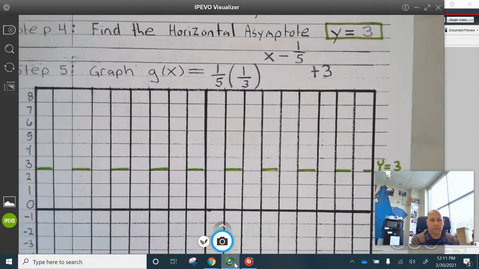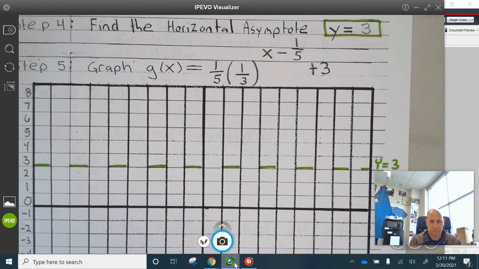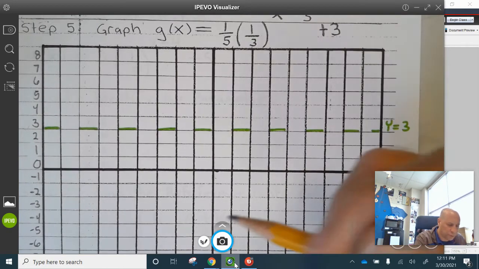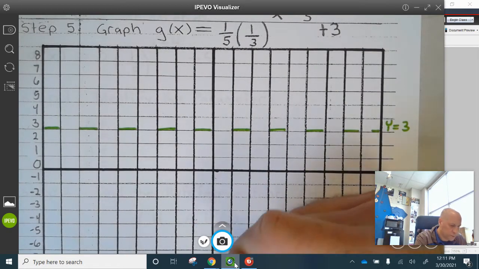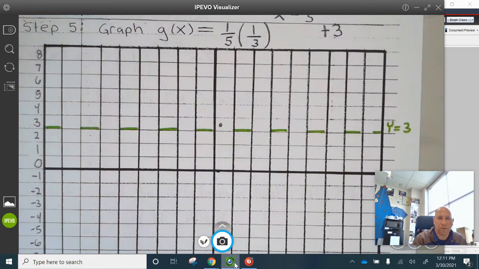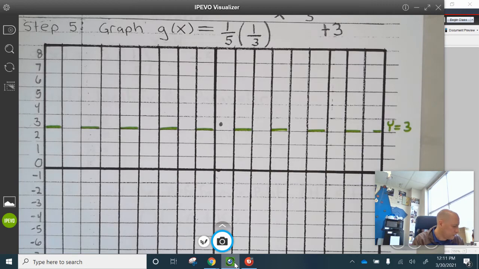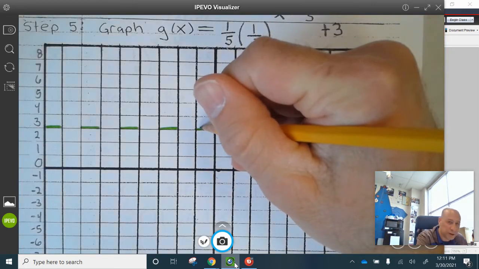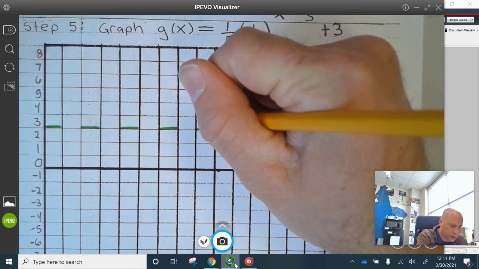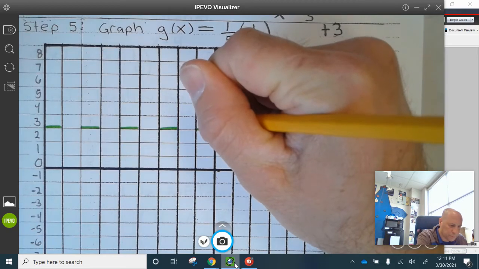Let's go ahead and graph our reference points. So those points are 0.2, 3.2, which you're just approximating. That point's right there. Okay. And then negative 0.8. So negative 0.8 is right here. And then 3.6. So 3.6 is about right here.